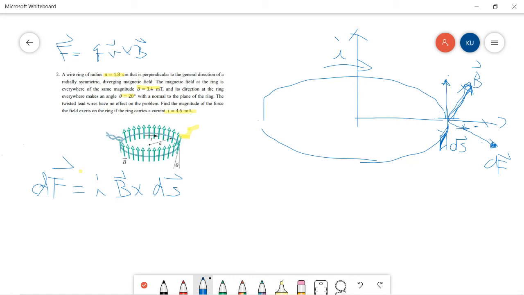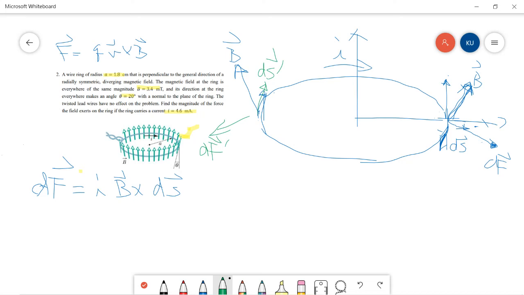On the opposite side, B should point in this direction. Maybe I use another color. This is ds. So B cross ds should point in this direction. Hope you can understand this. This is ds prime, dF prime.